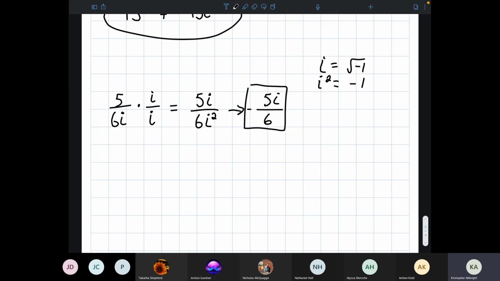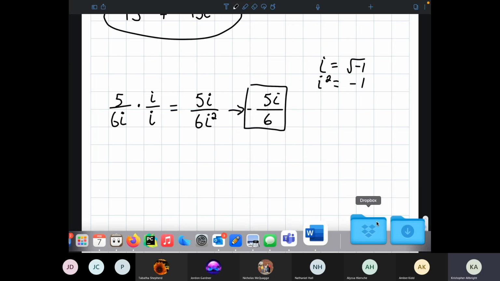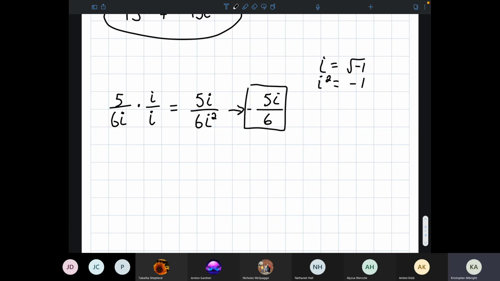It wants you to find the conjugate of a complex number, which is what I'm looking for in your lesson. What's this? This is only number 4.